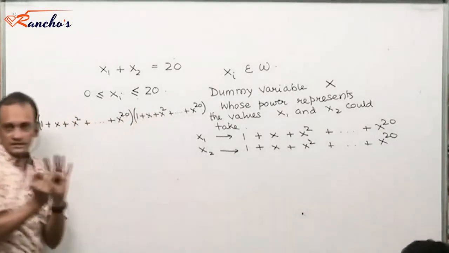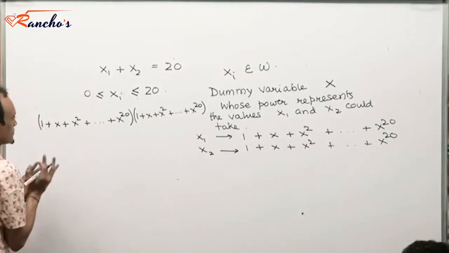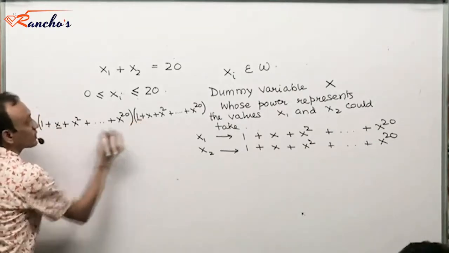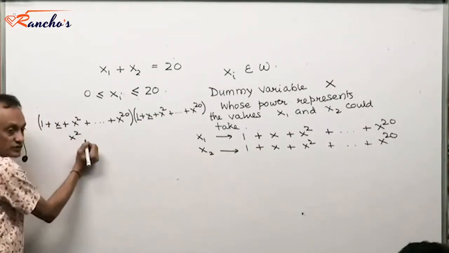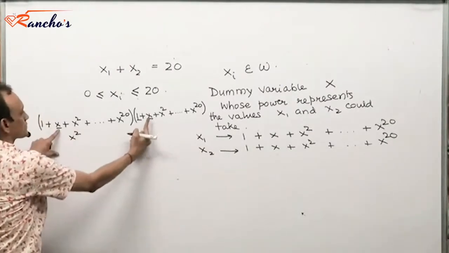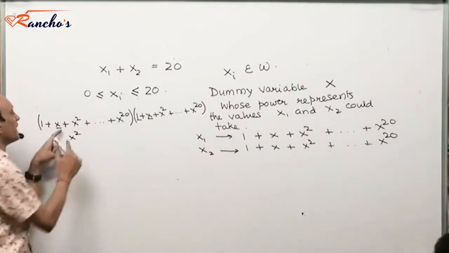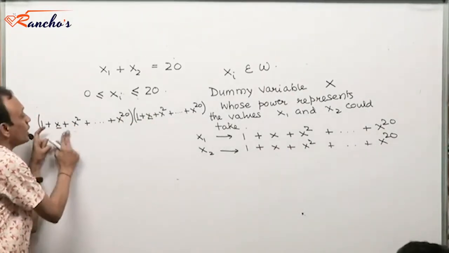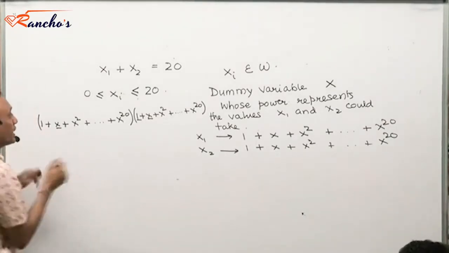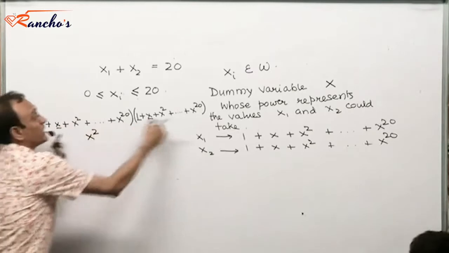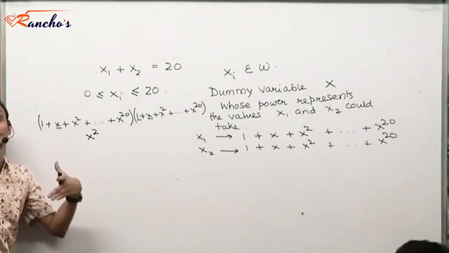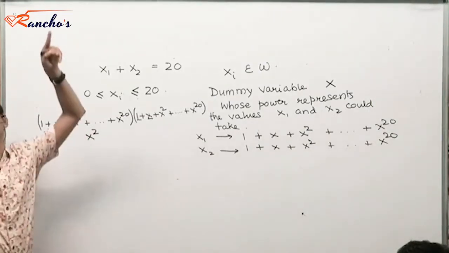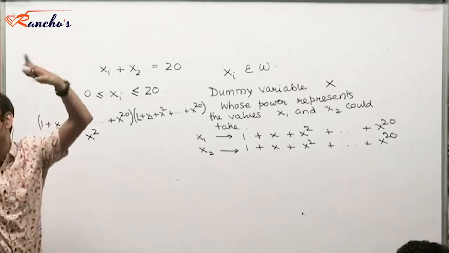When I multiply these, say the kind of terms I could have got, for example, x into x, an x squared kind of term, it means x1 and x2 add up to 2. So the number of times x squared will appear when I multiply the whole thing will give me the number of ways in which x1 and x2 add up to 2.